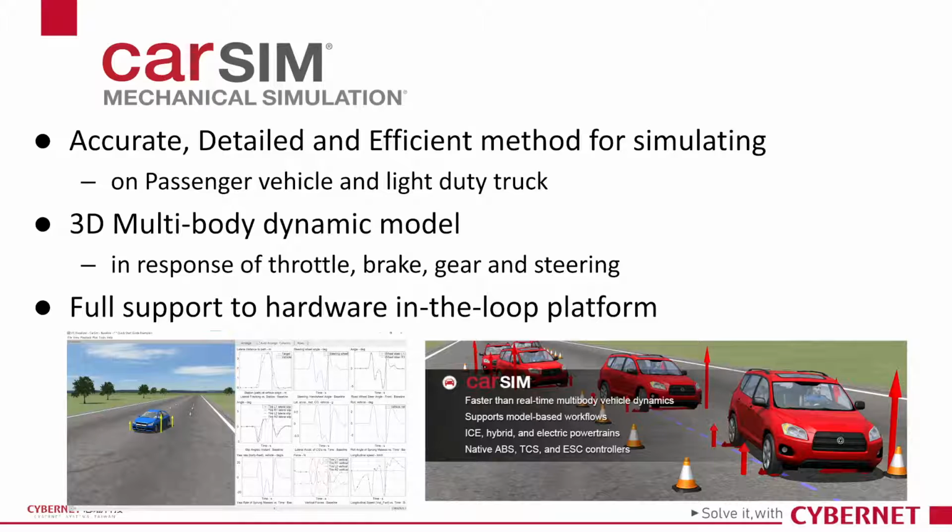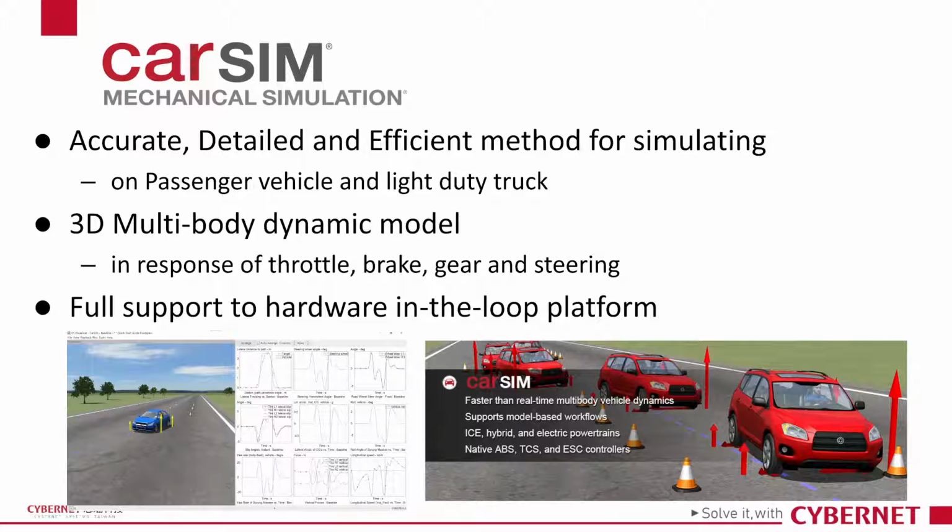As we have mentioned, CarSim delivers the most accurate, detailed, and efficient methods for simulating the performance of passenger vehicles and light-duty trucks. CarSim has the full 3D multi-body dynamic vehicle model that could respond to throttle, brake, gear, and steering.